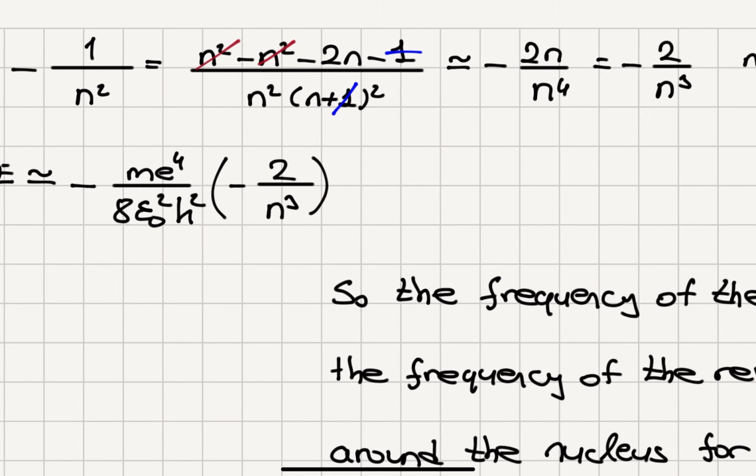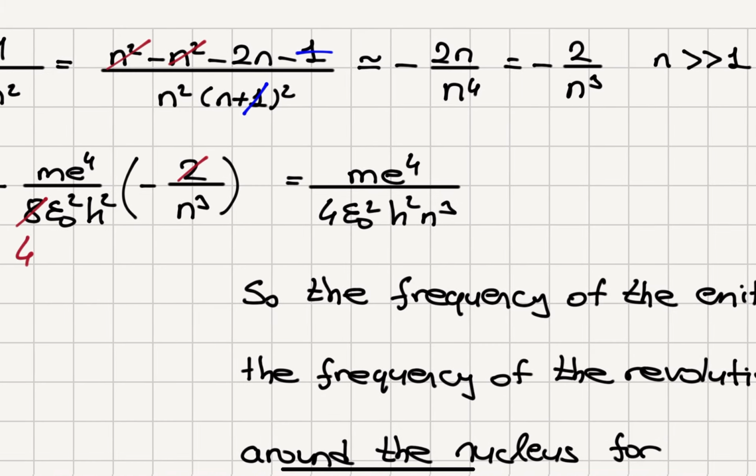And this will give us me⁴ divided by 4 epsilon 0² h² n³, because you see that this 2 will make this 8, 4.